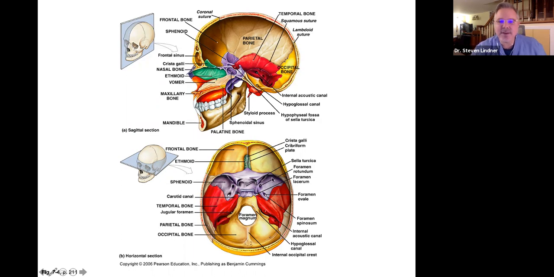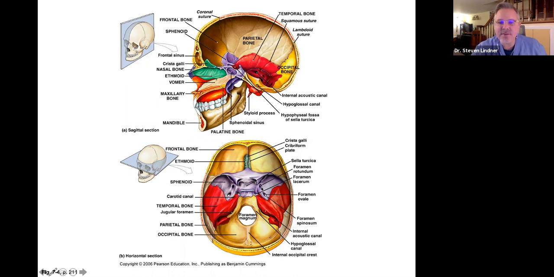Here is the sphenoid. I'll show you the two different wings of the sphenoid, the lesser wing and greater wing. But there are some holes that we can see here. Here is the foramen rotundum. There's going to be two others that make a diagonal. I'm not quite sure why they're not showing it, but there's a foramen rotundum, a foramen ovale, and a foramen spinosum.